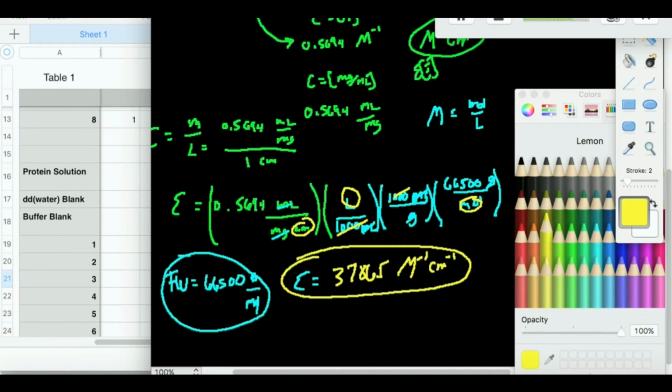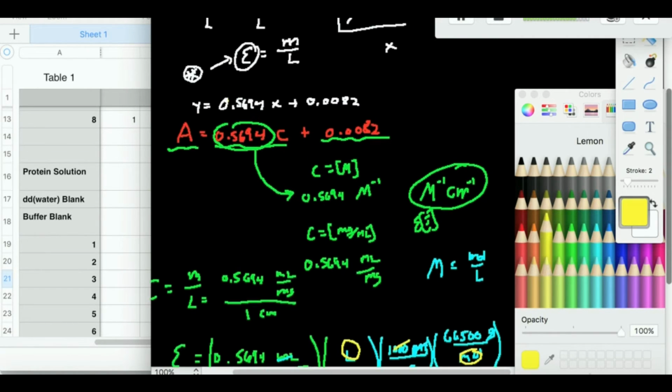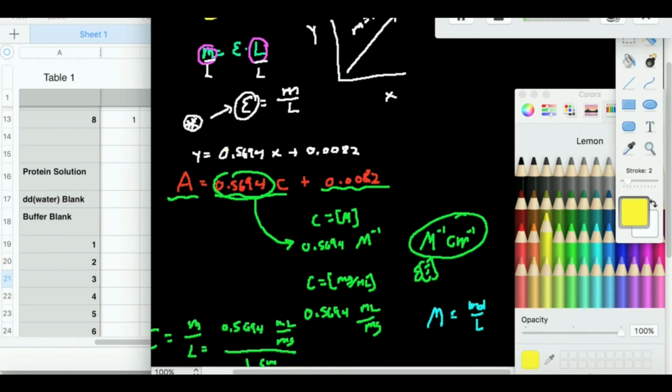But let's suppose I measure an unknown sample. It's still BSA, but at an unknown concentration, and I want to determine its concentration. If I know the y equals mx plus b equation, and I have a sample of unknown concentration, I can just measure its absorbance and then calculate its concentration using this curve.